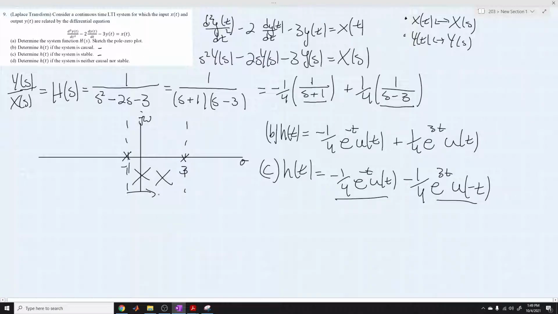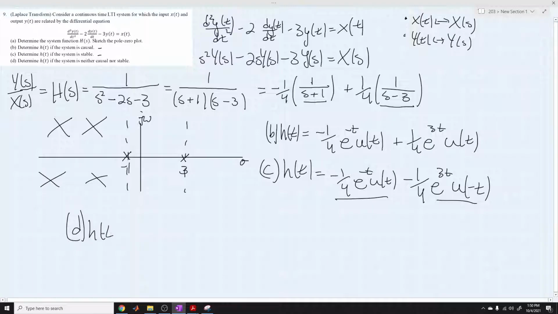Now for the final one, we want part d, if it's neither causal nor stable. So now we're over here. They're both left-sided, and this should just be pattern recognition now, just like we flipped the sign on this one.